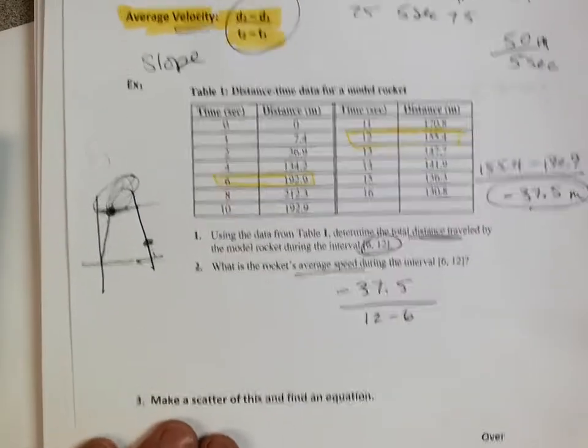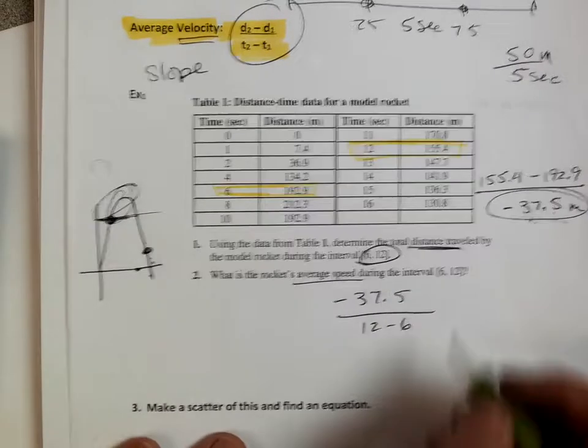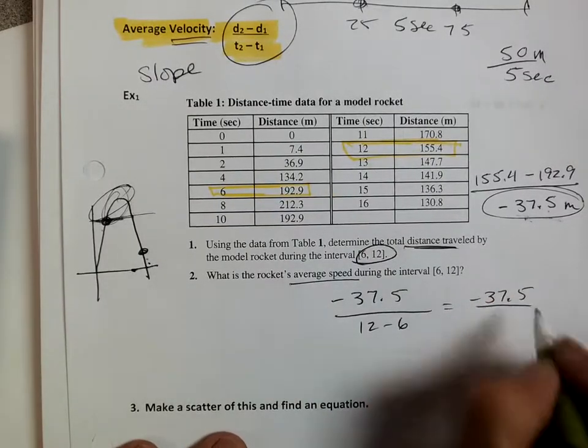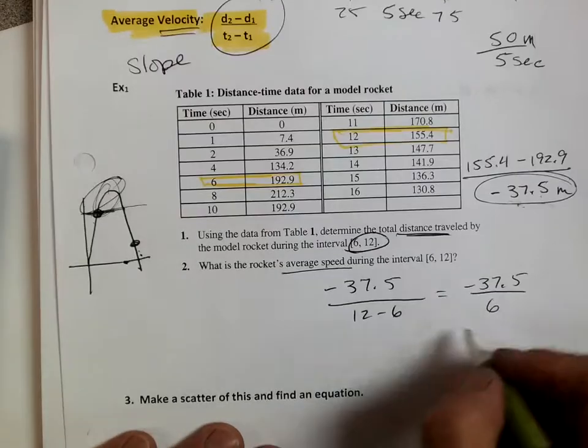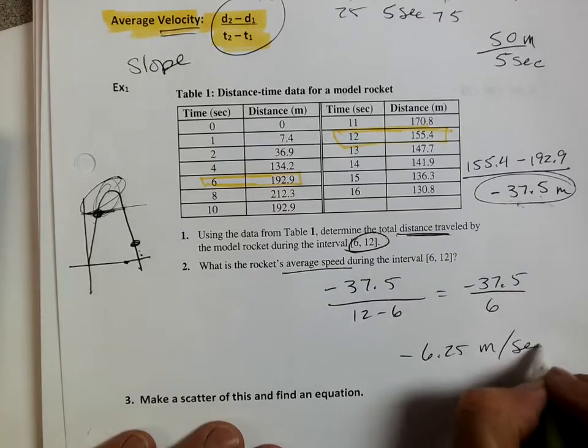Because the formula says distance 2 minus distance 1, right? I got that. Over T2 minus T1, okay? And we get an answer of negative 37.5 over 6. Let me do that, divided by 6. And I get an answer of negative 6.25 meters per second, okay?